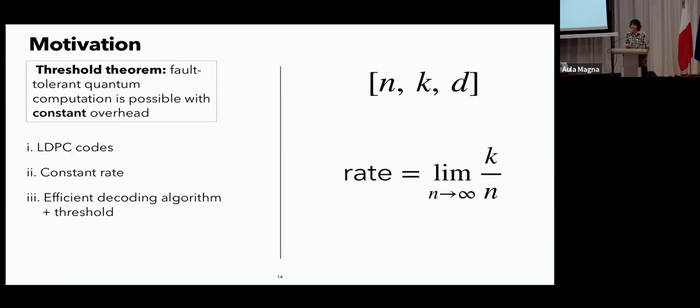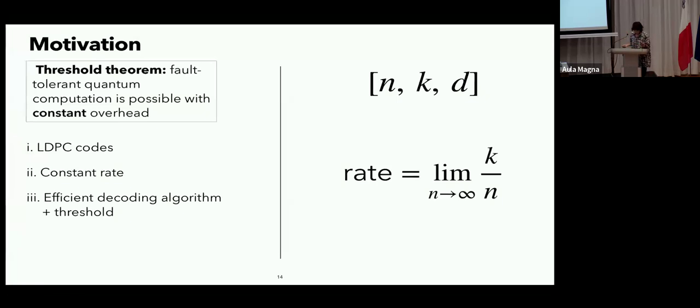It is possible theoretically to achieve fault tolerant quantum computation with constant overhead if we have, roughly, the theorem is more involved than this, but in a nutshell: LDPC codes, which means low density parity check, meaning each stabilizer in the stabilizer group has low weight, so the support is small, and each qubit in the system is involved in a small number of stabilizers. In the symplectic picture of the matrix, that translates into a matrix of 0s and 1s with low column and row weight.